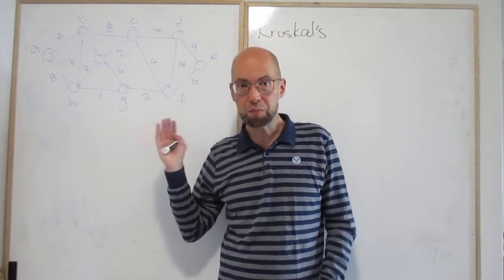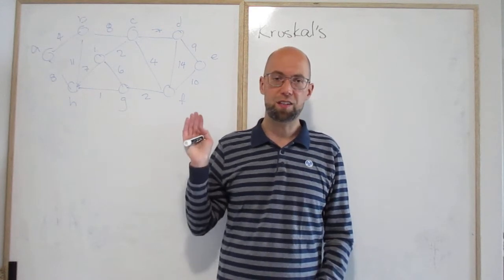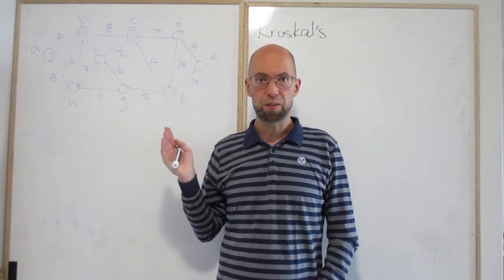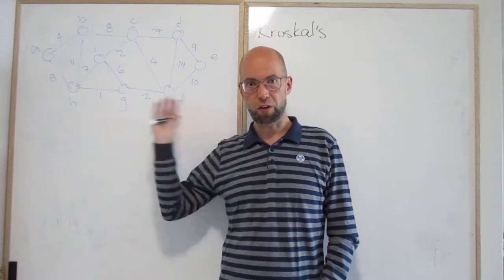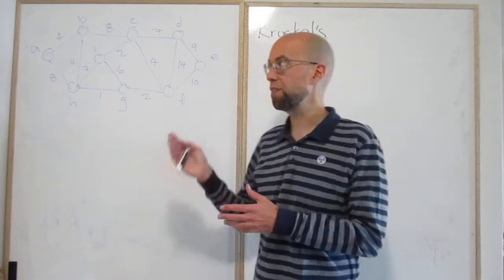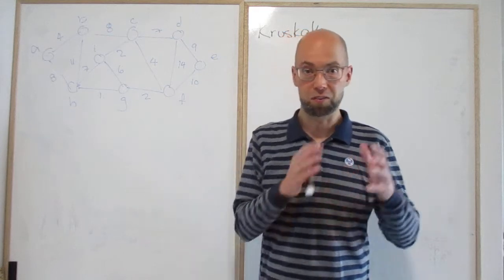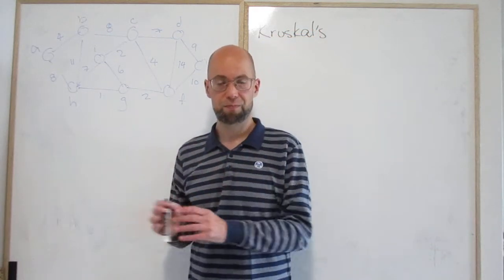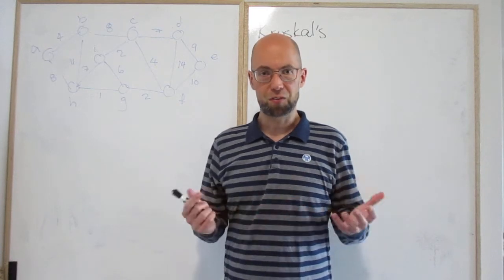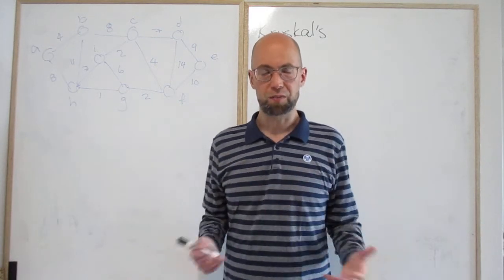So as long as the weights are positive, the minimum cost subgraph that connects everything is a tree. So it's a spanning tree, and you want it to have minimum cost. So it's a minimum spanning tree. This is your job. You have to find one of these things.